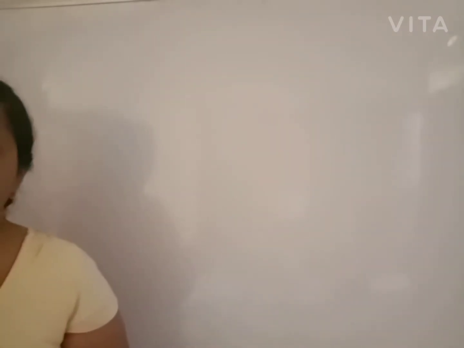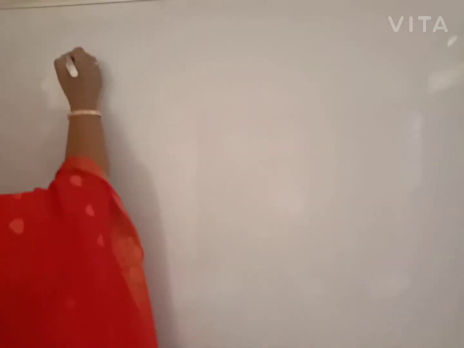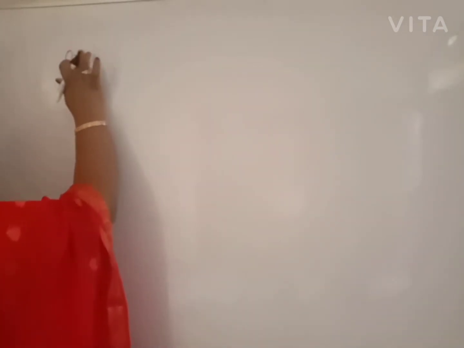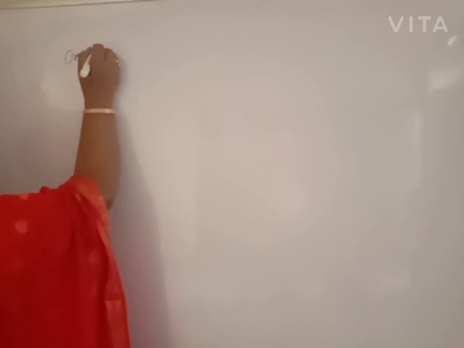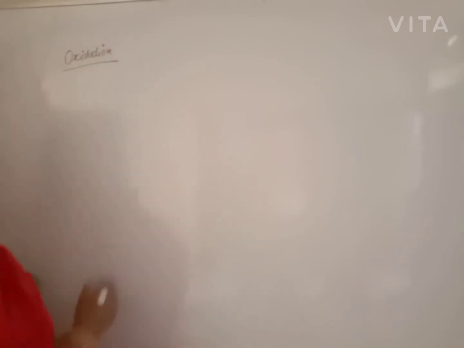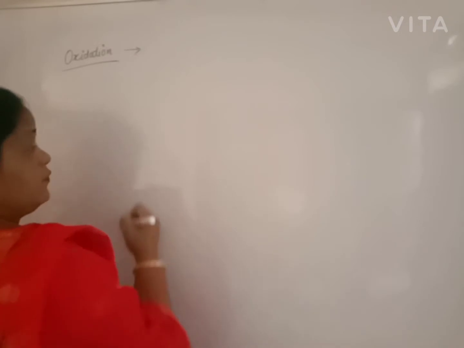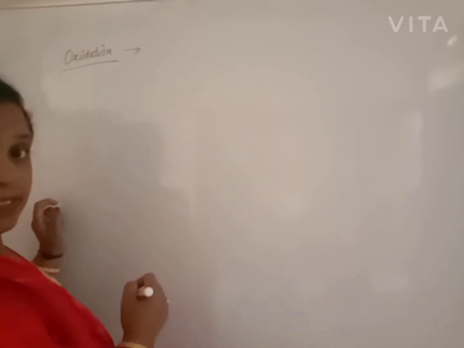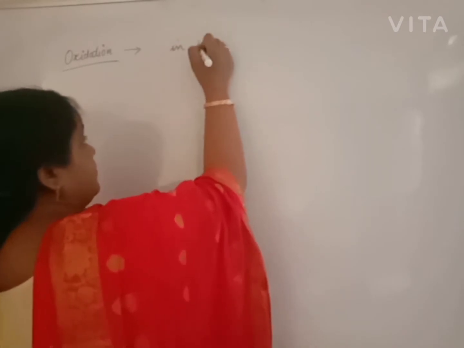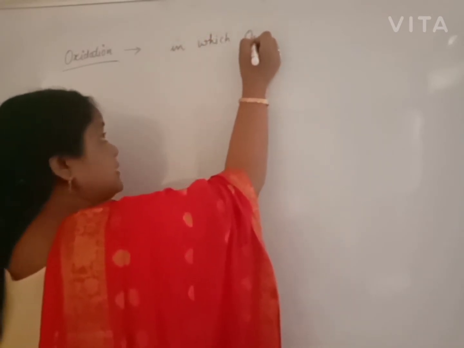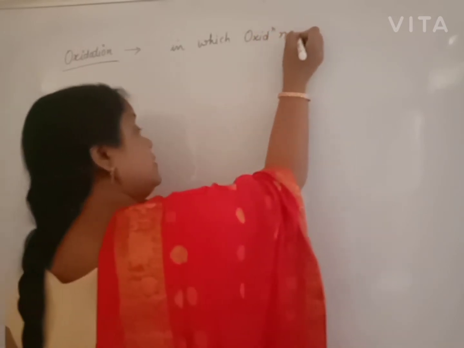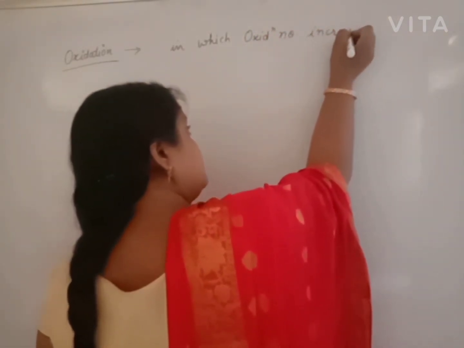Now we will discuss what oxidation and reduction are on the basis of oxidation number. Beta, oxidation is the process of increase in oxidation number. In terms of oxidation number, oxidation is the process in which the oxidation number of an element increases.